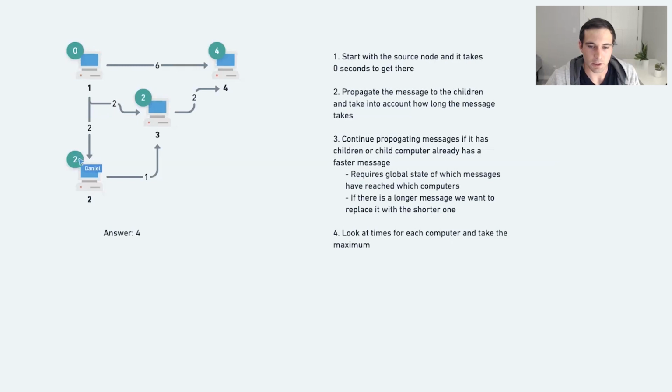And we also said we want to keep track of the shortest time it's taken to get to each one of these computers. Yeah. But before we start doing the propagation or our algorithm, we actually don't really know for these ones what it's going to be yet. Yeah.